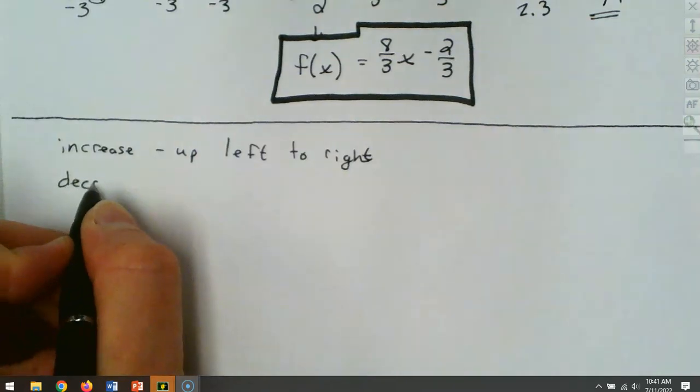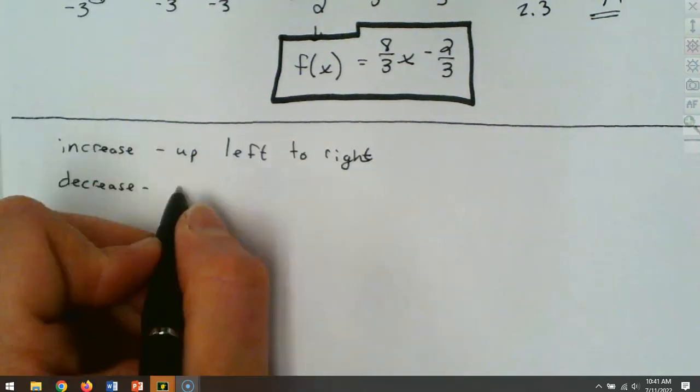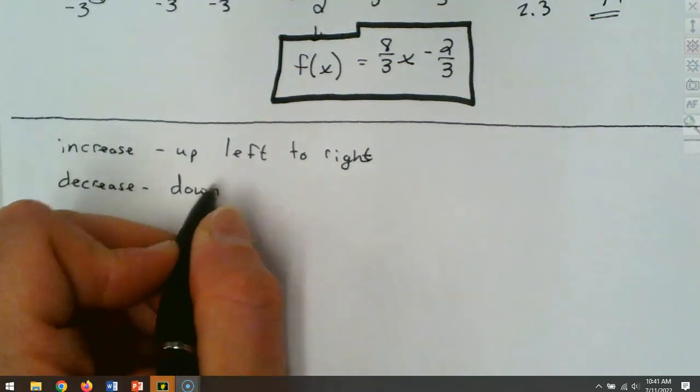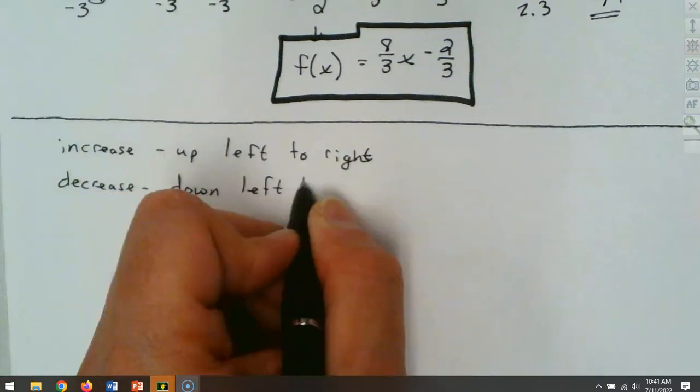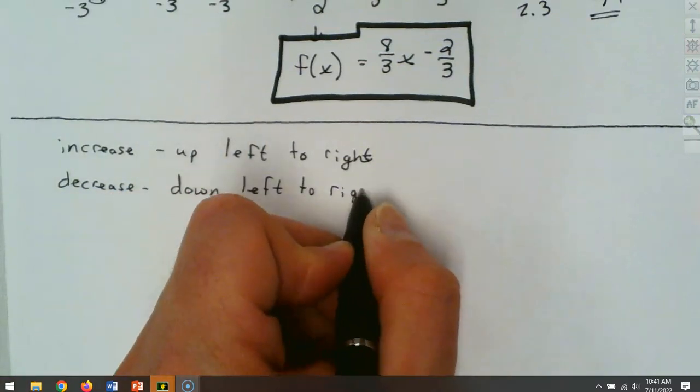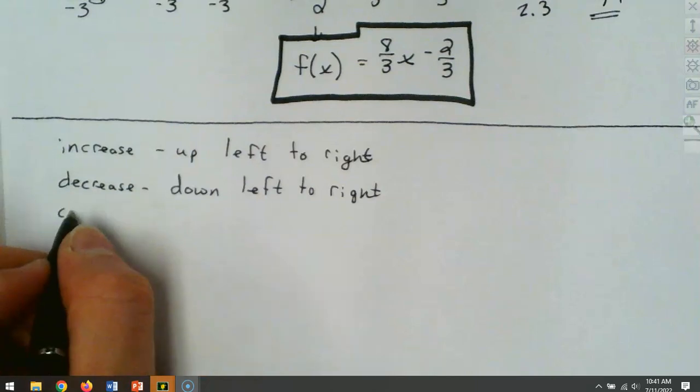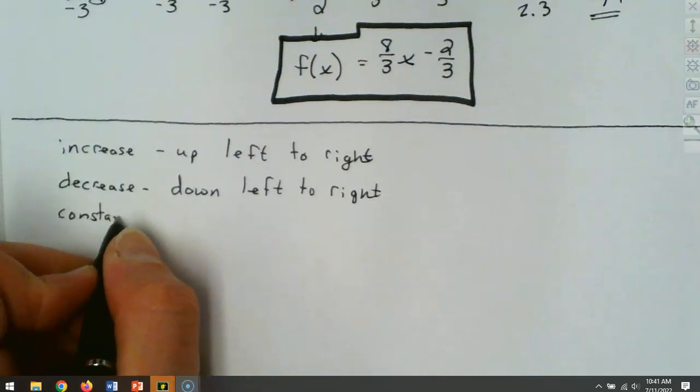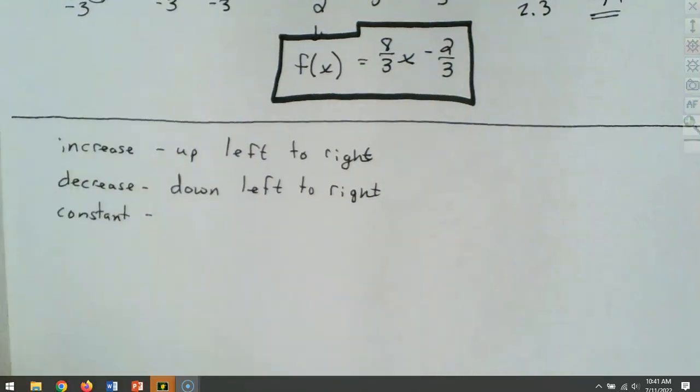Decrease, we go down from left to right. Constant means we don't change at all. Means it doesn't go up or down.